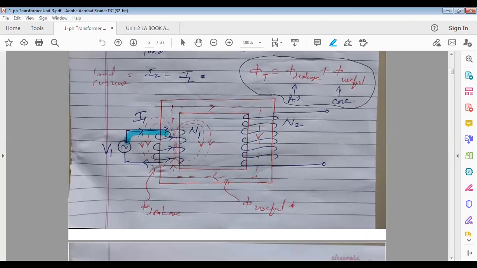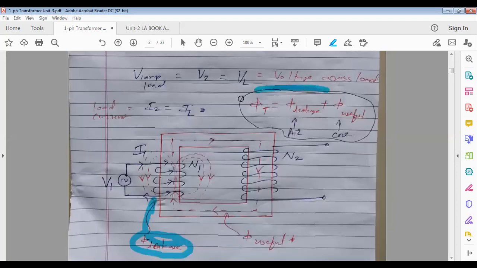So what will happen in this case? Whatever the flux produced by the primary winding, a very small percentage of flux completes its path through air, and the maximum percentage completes its path through the core. So 95 to 98% of flux completes its path through core, and that is called useful flux. And 2 to 5% of flux completes its path through air, and that is called leakage flux.